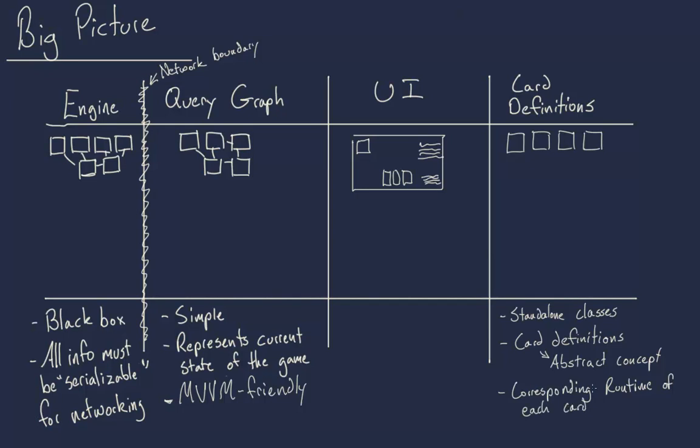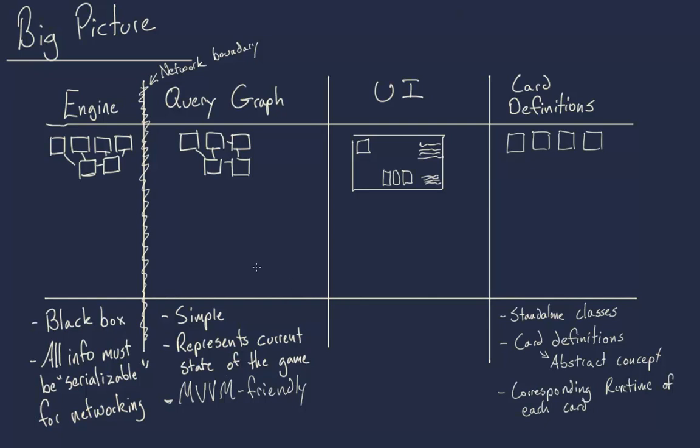So in reality, every card definition is really 2 classes. Okay. That are linked somehow or associated with each other. We'll actually be using the abstract factory pattern with that to make things more straightforward. But yeah, so that's basically the 4 main components of the system.